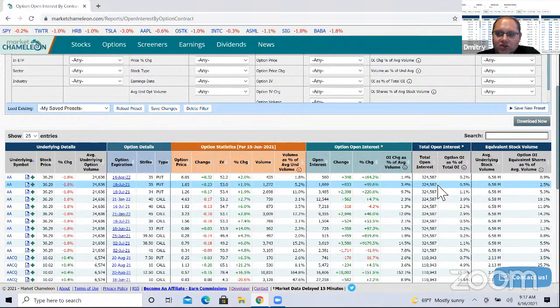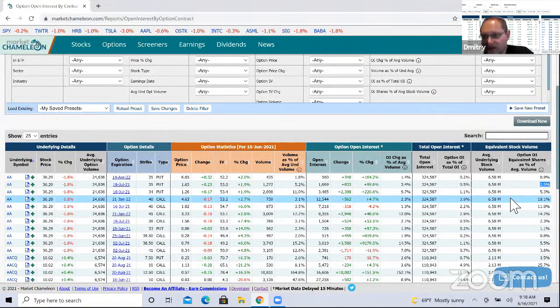If it's converted to stock at expiration, how much of that is relative to the average daily stock volume? So this is comparing that if these were all exercised in one day, that would represent 2.5% of the average daily stock volume.